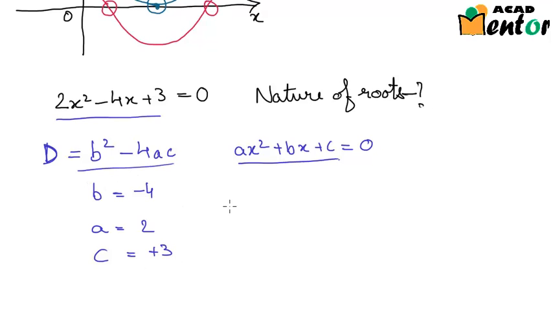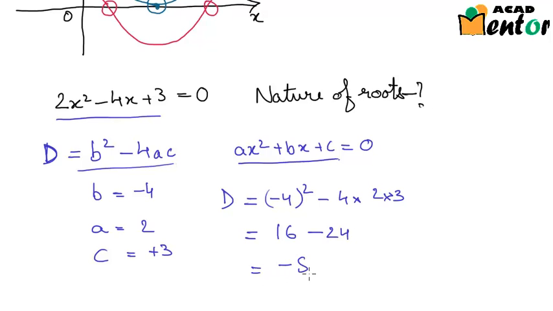So to find out the discriminant, we will have b², or (-4)², minus 4 times a, which is 2, into c, which is 3. So the discriminant would be 16 minus 4 into 2 into 3, which is 24, or -8.